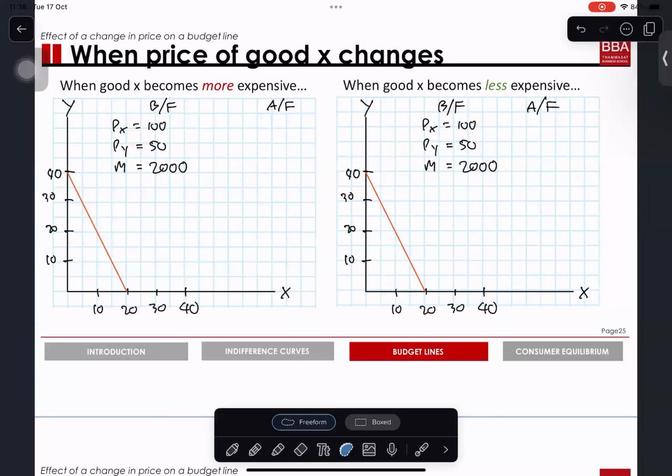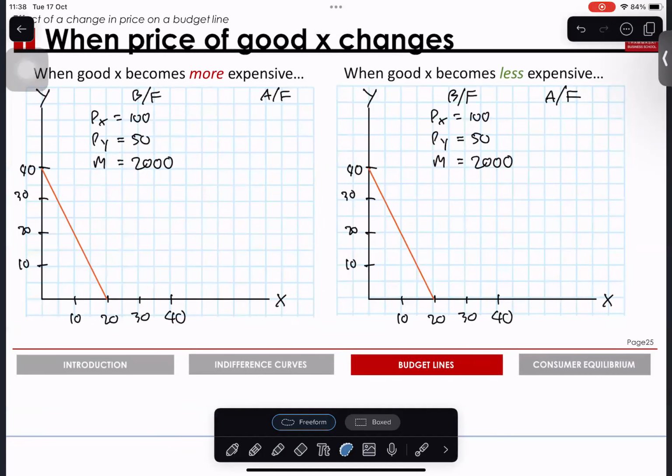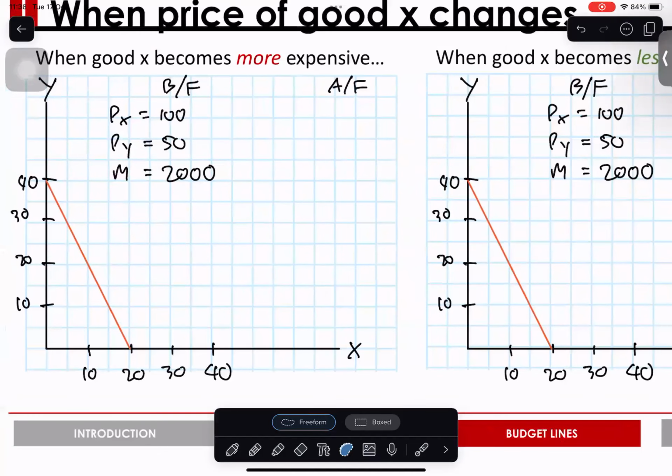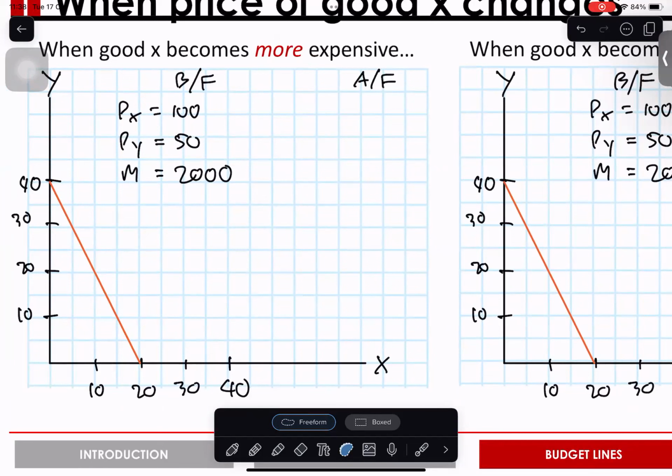Okay, let's focus on this one first. Before.